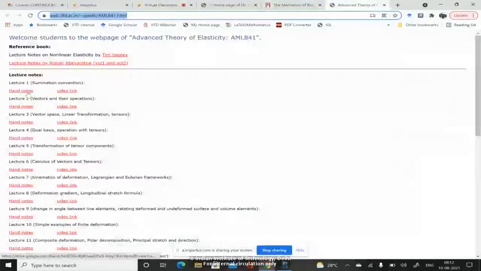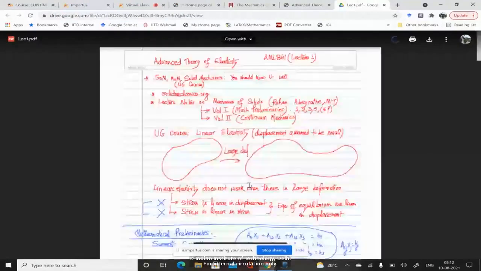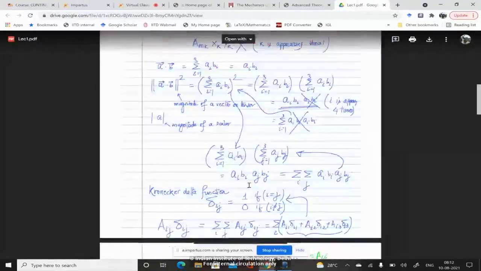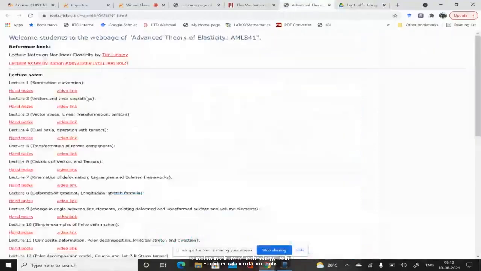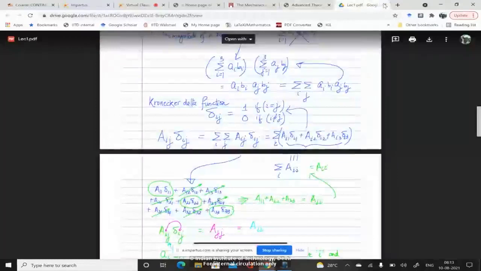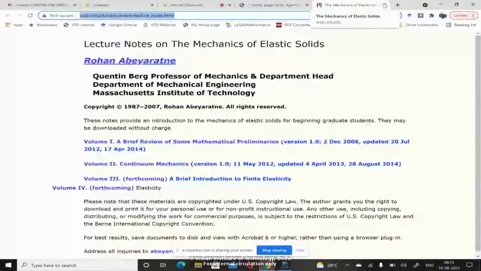You can click on the hand notes, and you can find the material. Okay. And of course, if you don't follow the hand notes, which I won't doubt, because I don't write everything, in that case, you simply click the video link also. So those of you who are not taking the course from Professor Arya Samanta, please go through the first 6 notes. That will really help me so that I can cover many more things.